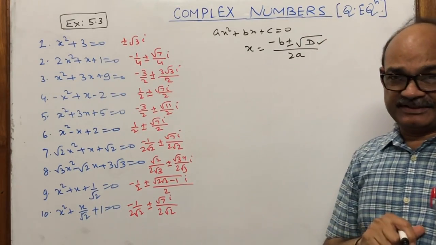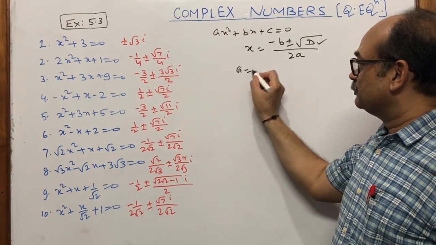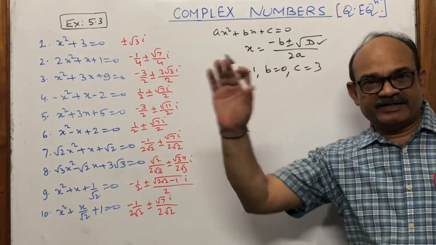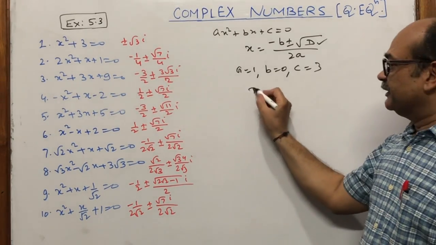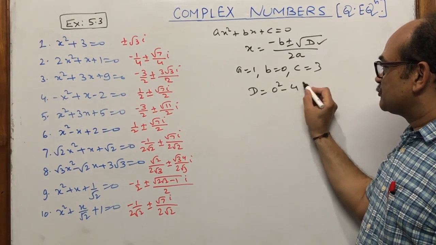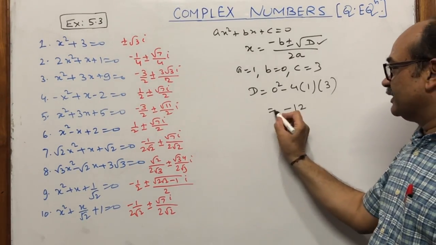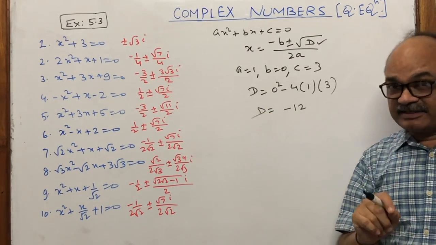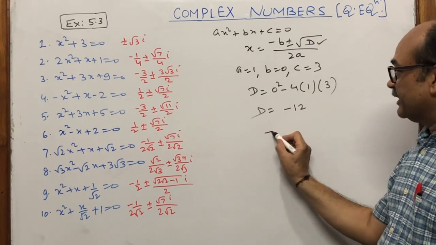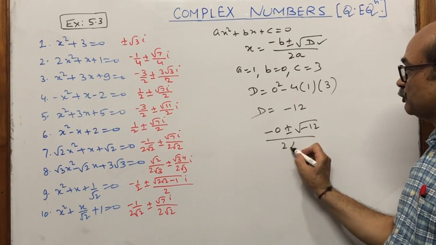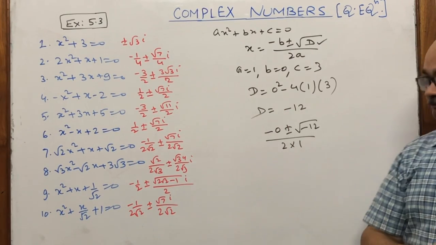X square plus 3, a equals 1, b equals 0, c equals 3. Every time you have to write a, b, c. Now calculate D. B square minus 4ac. We are getting minus 12. When D is minus 12, apply here minus b plus minus root 12 divided by 2, and a equals 1.